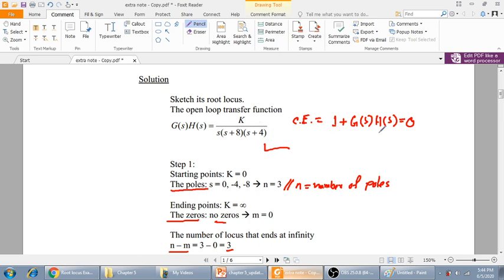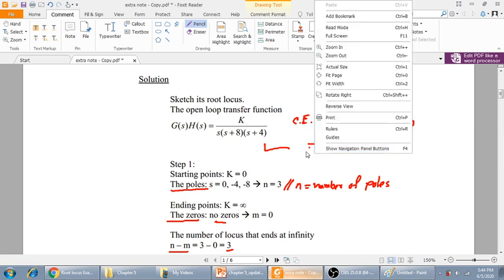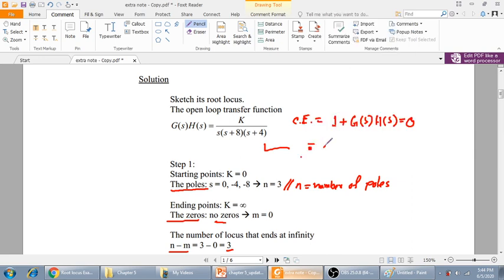At the same time you write the characteristic equation, 1 plus k into s plus 8, s plus 4.